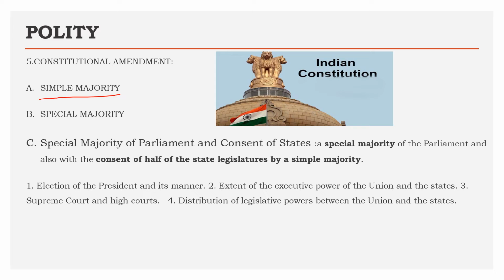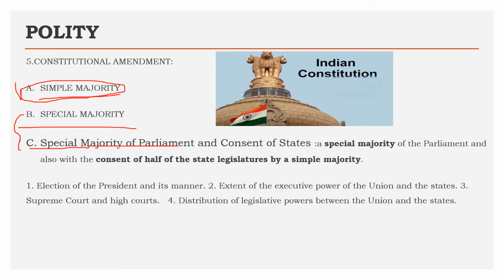So it goes under simple ordinary legislation, but this also happens, and even the constitution is amended through simple majority. And in these two criteria, B and C, is where Article 368 constitutional amendment comes in. So special majority, as I spoke about previously.